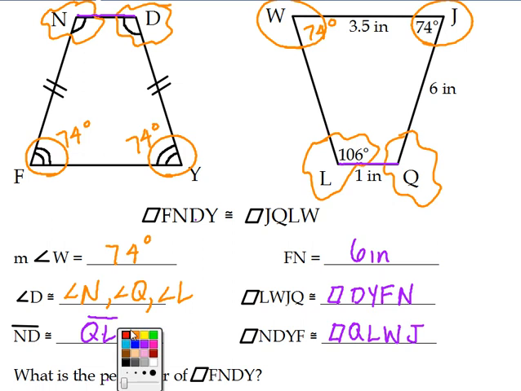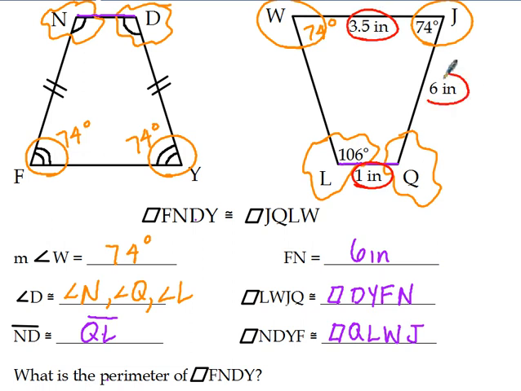I can see that this bottom here is 1 inch, the top here is 3.5 inches, and this side is 6 inches. Well, I don't have this side. I don't have WL, but if you look over here, these 2 sides are the same. So if those 2 sides are the same in that quadrilateral, then they're the same in this quadrilateral as well. So this is also 6 inches.